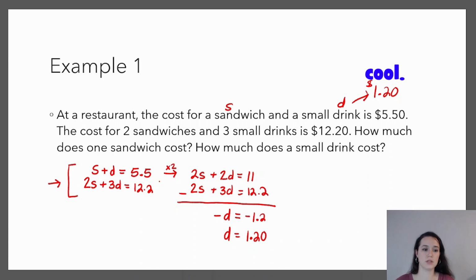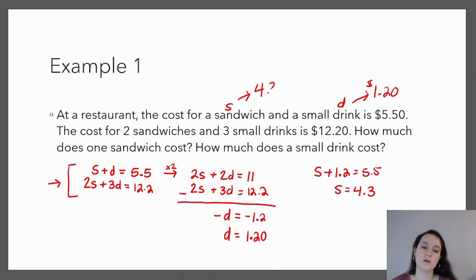Let's plug that into the top one. A sandwich plus $1.20 is $5.50, so $5.50 minus $1.20 means the sandwich costs $4.30.